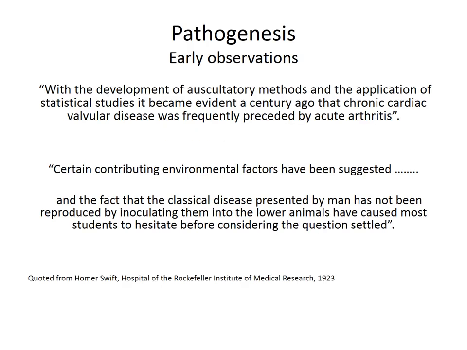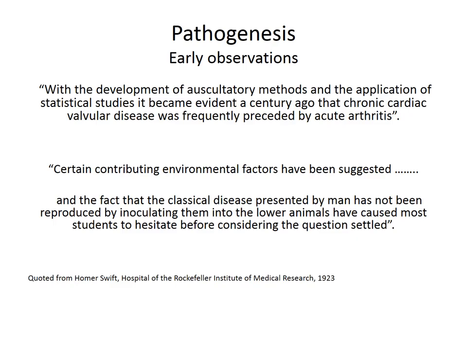Now we come to the pathogenesis of this elusive disease. Early observations showed us some facts. With the development of auscultatory methods and the application of statistical studies, it became evident a century ago that chronic cardiac valvular disease was frequently preceded by acute arthritis.